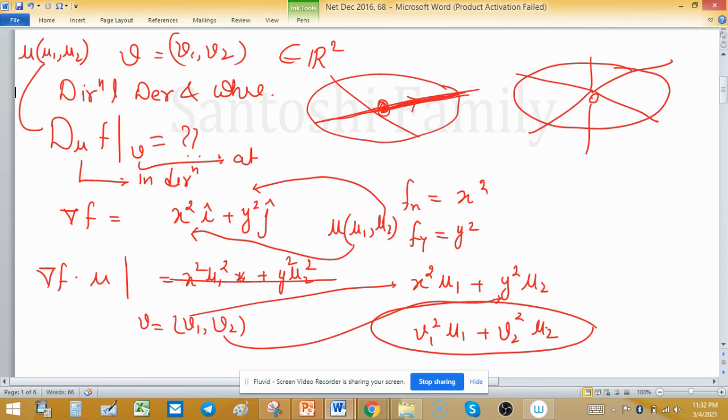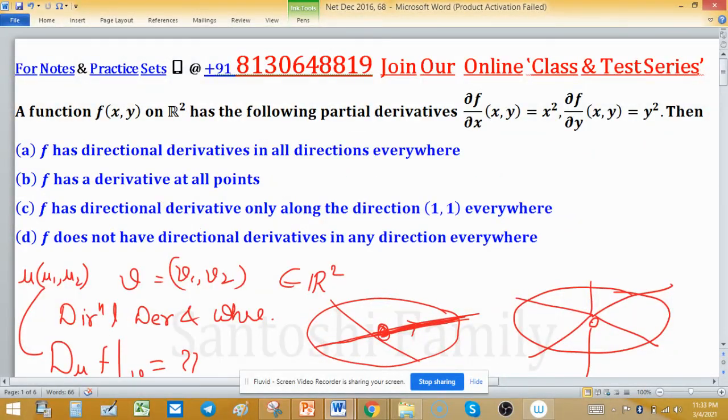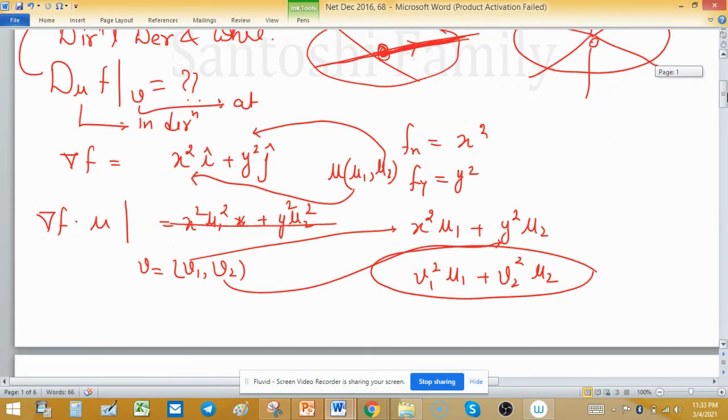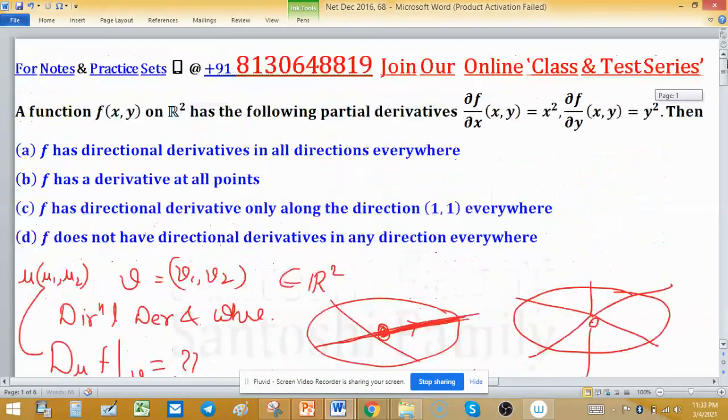Whatever the values of u and v, random points of R square, directional derivative exists, meaning all directional derivatives exist. Also you can check the function is differentiable everywhere, there is no condition. So options A and B are both true.